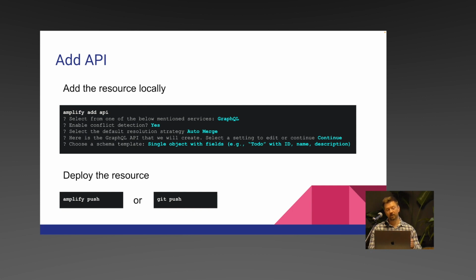Here we chose GraphQL and some conflict detection for our GraphQL subscriptions for resolving concurrency issues, but don't worry about that for now. And then finally, we'll be using a template schema for this project, which is also a to-do app.